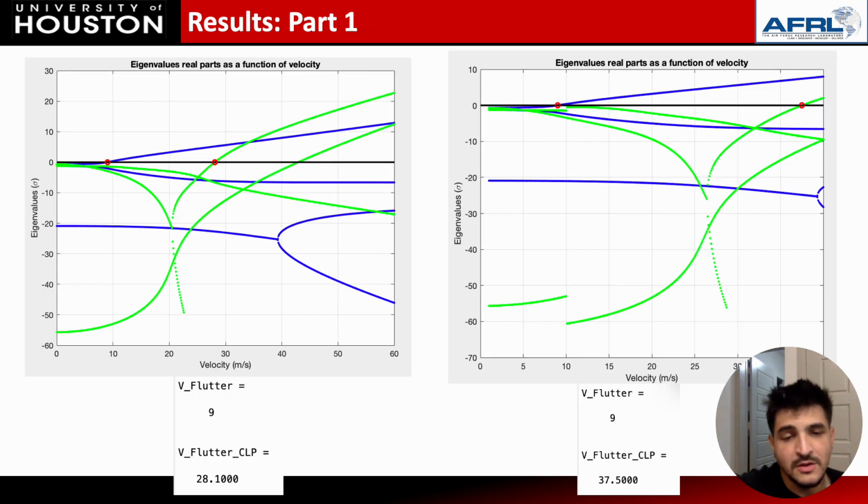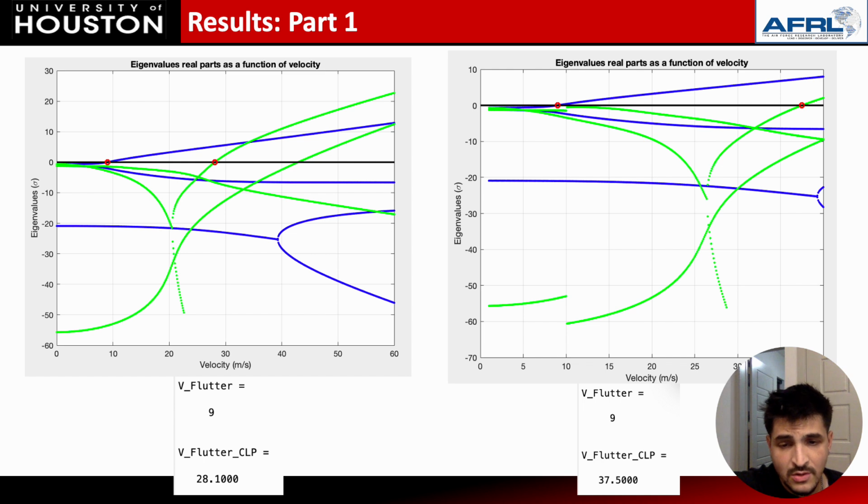So connecting what I was talking about earlier with the eigenvalues and closing the loop with the static gain K from the LQR, you can either have it static or a gain schedule to where based on the velocity, you can have it changed to a gain that's more preferable for those operating conditions. So you can see with the static gain on the left, the open loop is seen to be unstable at around 9 meters per second, with a static gain it is around 28.1 meters per second.